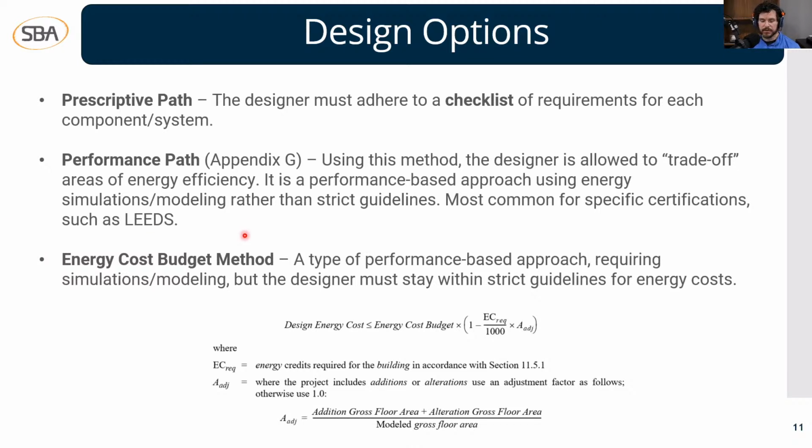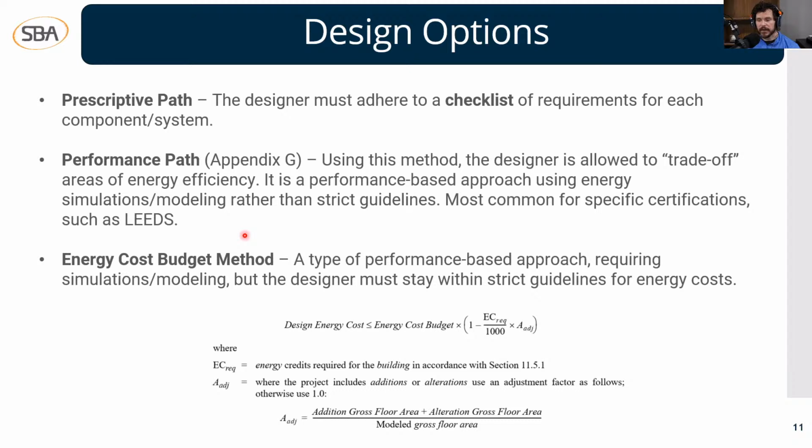Our last method is our energy cost budget method. So this is similar to the performance path, but more rigid. It focuses on ensuring the energy costs, I emphasize costs, stay below a budgeted threshold.